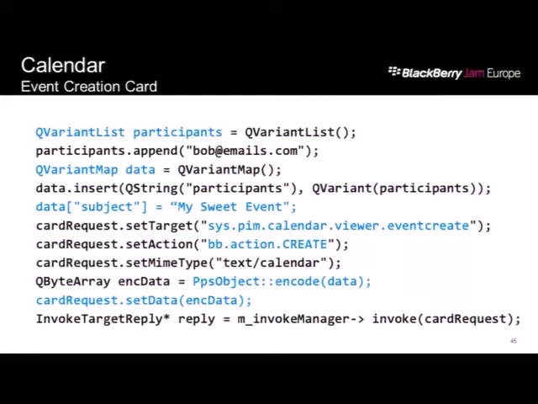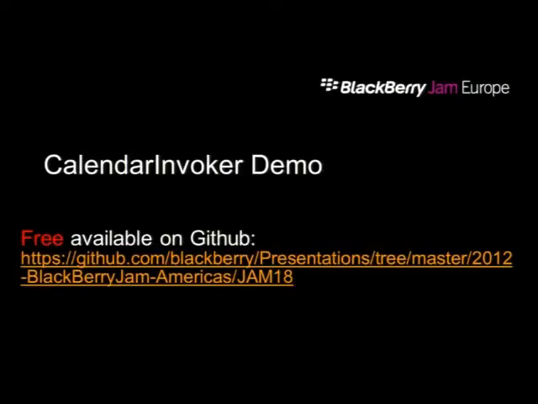There is a little helper here, this PPS object, which encodes the data in a way that our calendar can cope with. And at the end, of course, you use the invocation manager to create the invocation request. For this as well, I have a very simple demo.